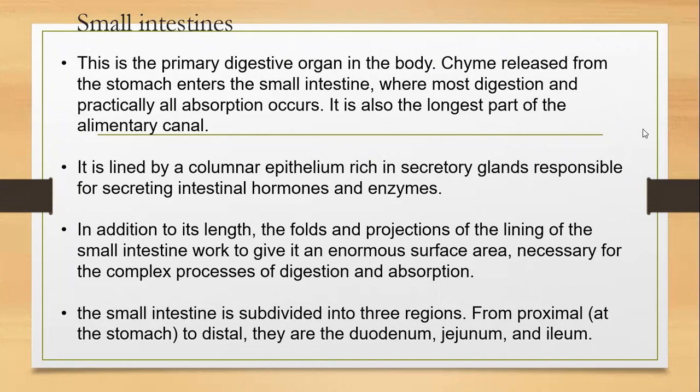For it to allow the process of absorption, if it is simply a straight tube of 6 meters, the area will be very small. However, remember those circular folds that we talked about? These are permanent folds, which increase as you move further away from the duodenum.